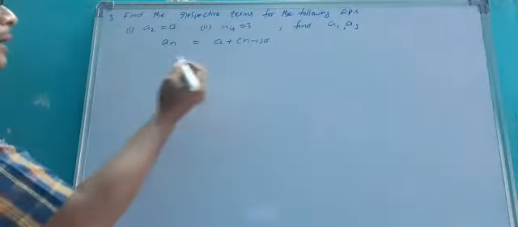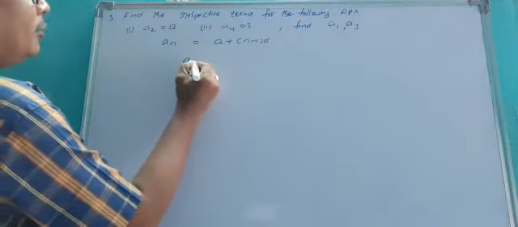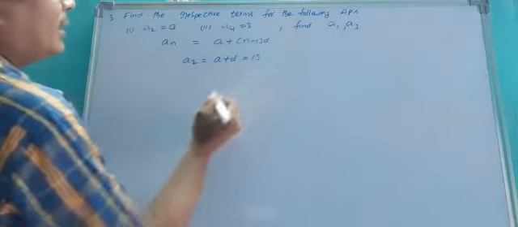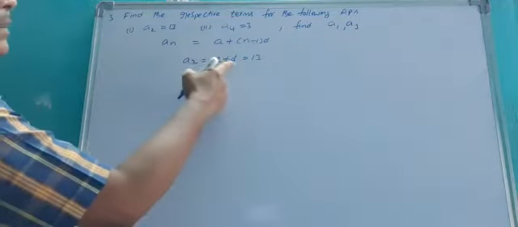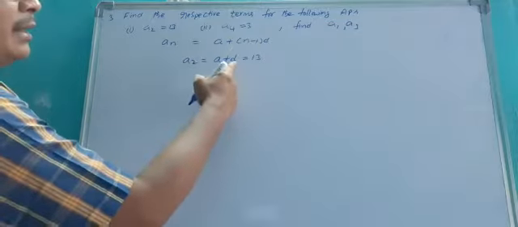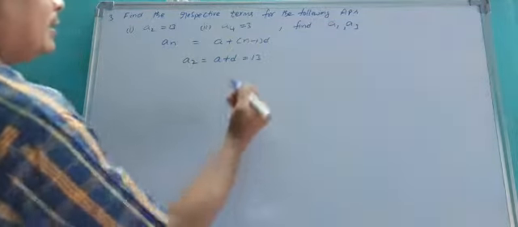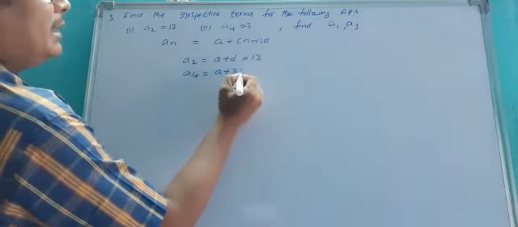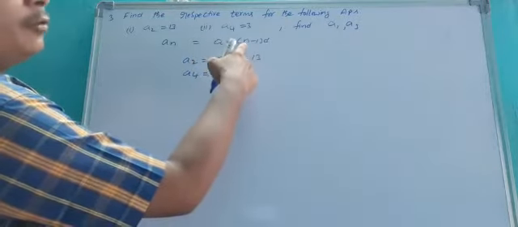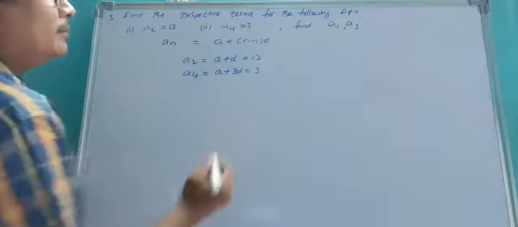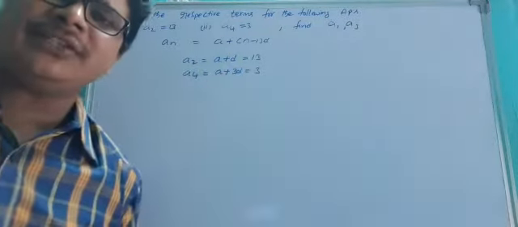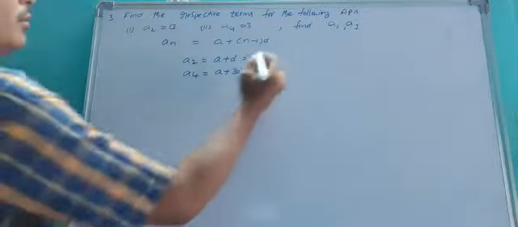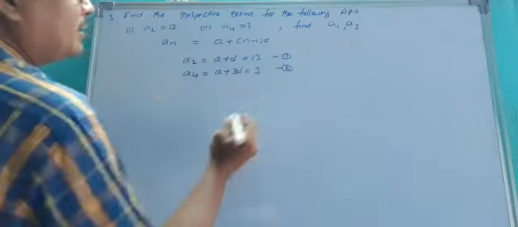Very simple. a2 means the second term, a plus (2 minus 1) d, so a plus d equals 13. And a4 means a plus 3d, so a plus (4 minus 1) d, that is a plus 3d equals 3. We have to solve both equations and we get the a and d values.